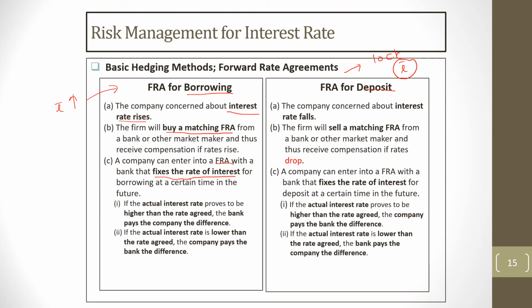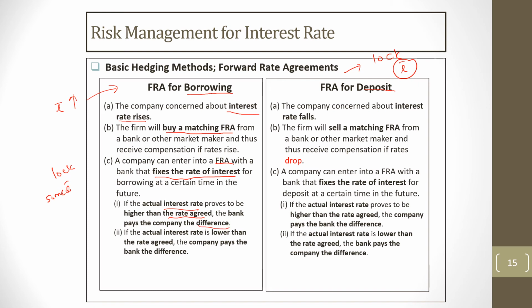Okay, maksud dia company dia akan lock, contoh dia akan lock some amount of the interest kan, and then bila dia lock, apa consequences dia if the actual interest rate higher daripada rate agreed, so the bank akan pay the company differences.